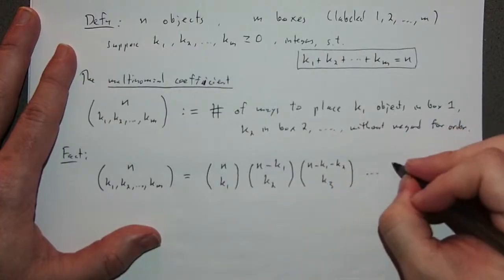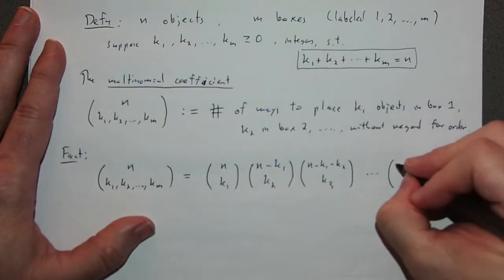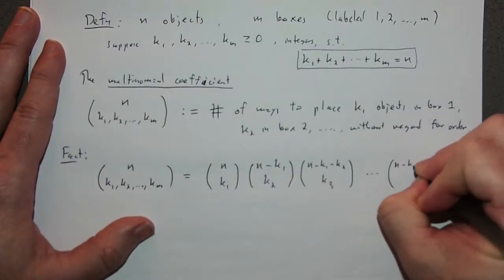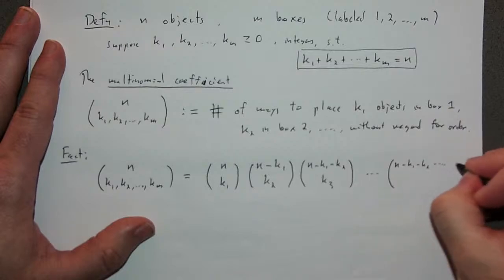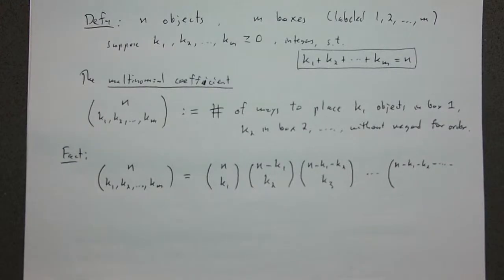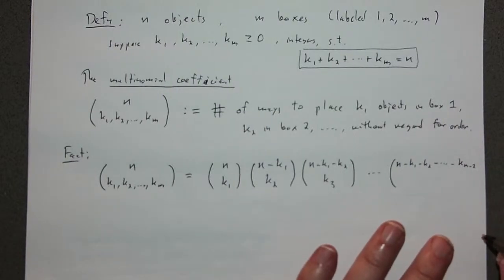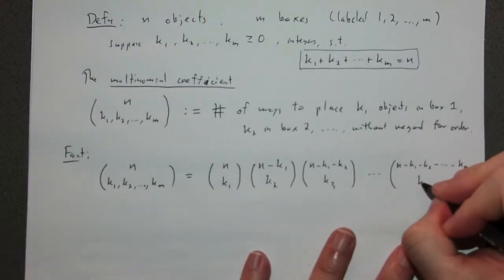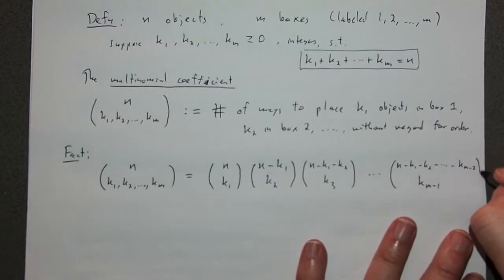And I continue that process on until I get to the last bit where the remainder is n minus all of the amounts of objects I've placed in all of the boxes up until now, k sub m minus 2, because we're on the second to last box. I place k sub m minus 1 in the second to last box.